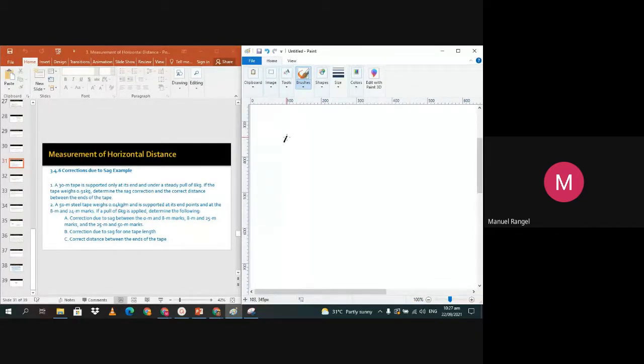Let's say this is point A and the point B. It is supported only from end to end, so the tendency is that it will sag in between. So that is the horizontal.